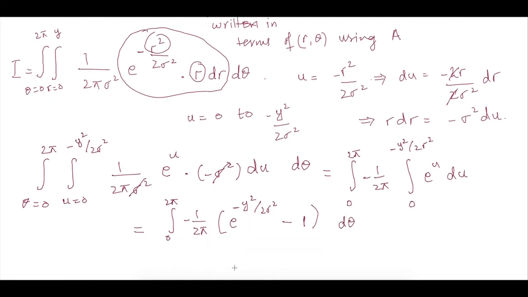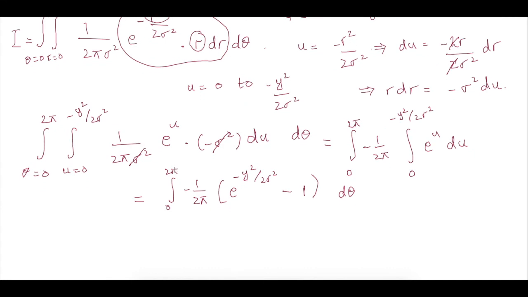So all we have to do is multiply by 2 pi, the difference of the limits. So I get minus 1 times e to the minus y squared over 2 sigma squared minus 1, which is equal to 1 minus e to the minus y squared over 2 sigma squared. Okay. So this is my CDF.